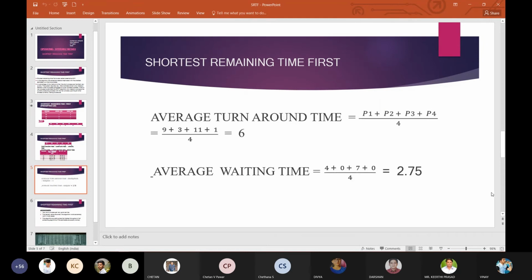Divided by 4 gives 6 as the answer. Waiting time of P1 is 4, P2 is 0, P3 is 7, and P4 is 0. Divided by 4 gives 2.75 as the answer. Next slide.